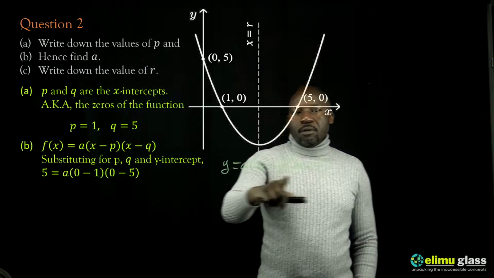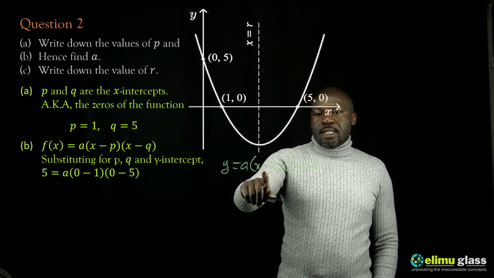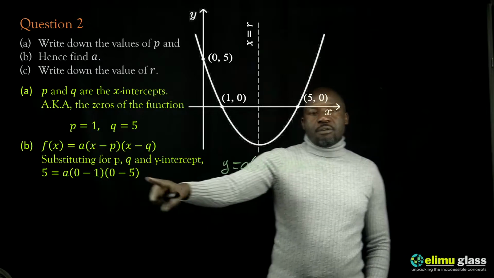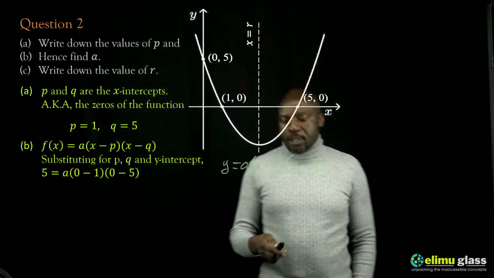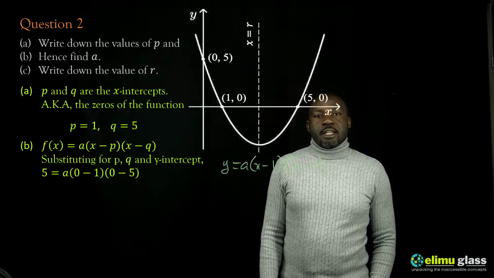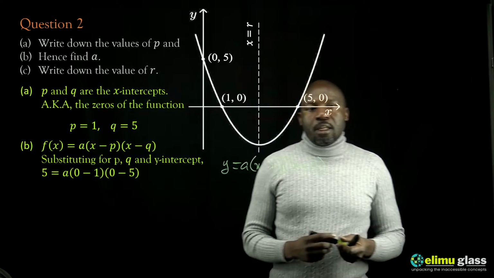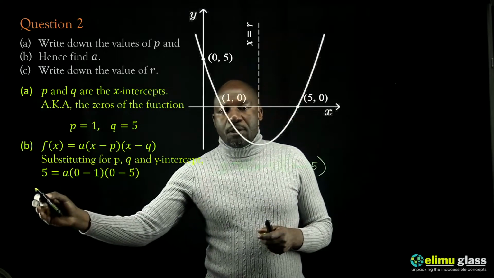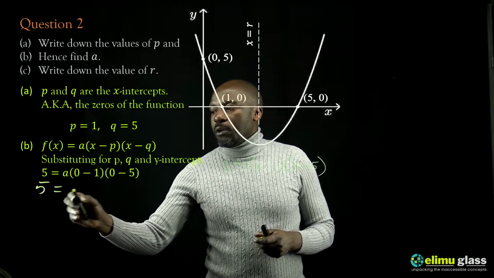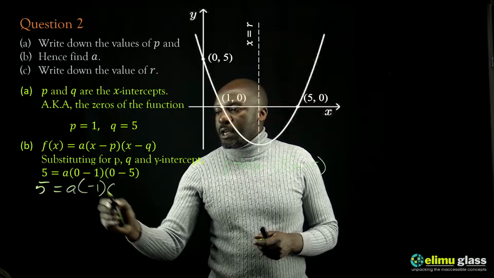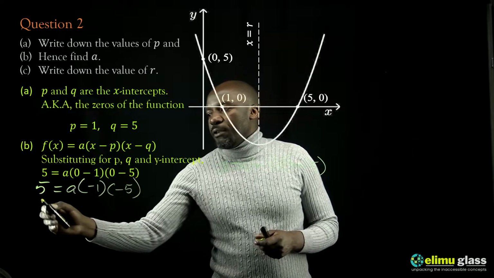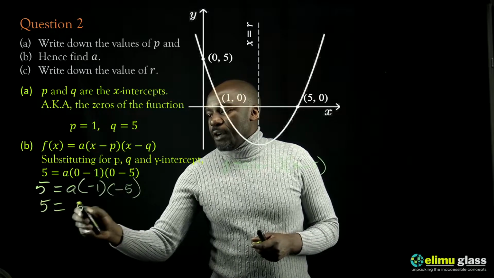So 5 equals a into negative 1 into negative 5, since x is 0. 5 equals 5a.